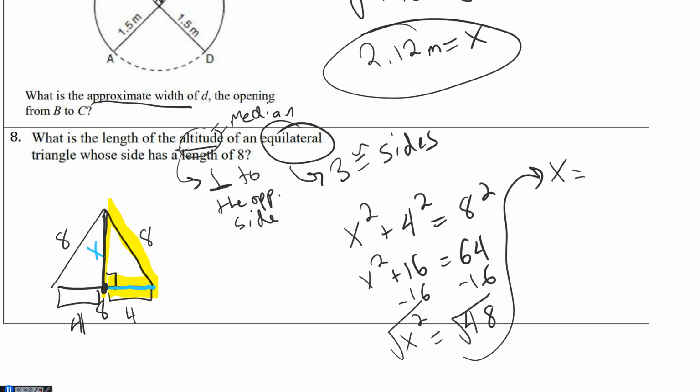You could round to the nearest hundredth, but I'm going to leave this in simplest radical form. So I asked myself, what perfect square goes into 48? And 16 does exactly 3 times. So I could break up radical 48 into radical 16 times radical 3. And radical 16 is just 4, and there's nothing I could do with radical 3, so I would leave it in simplest radical form.